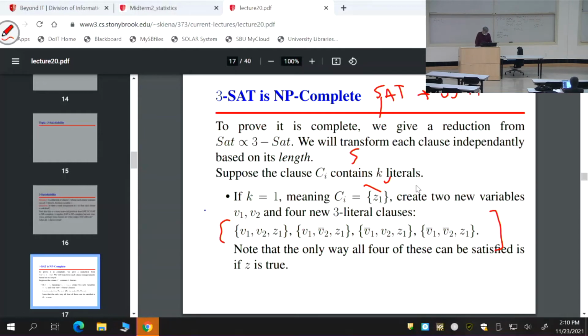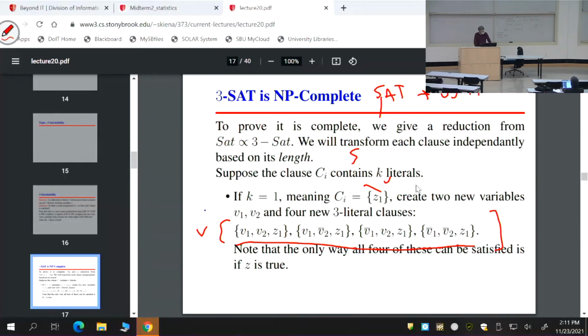What is the best way to satisfy all of these clauses? If I want all of those clauses to have at least one true literal in it, what is a truth assignment that will do it? What way can I make all 4 of these have a true literal?